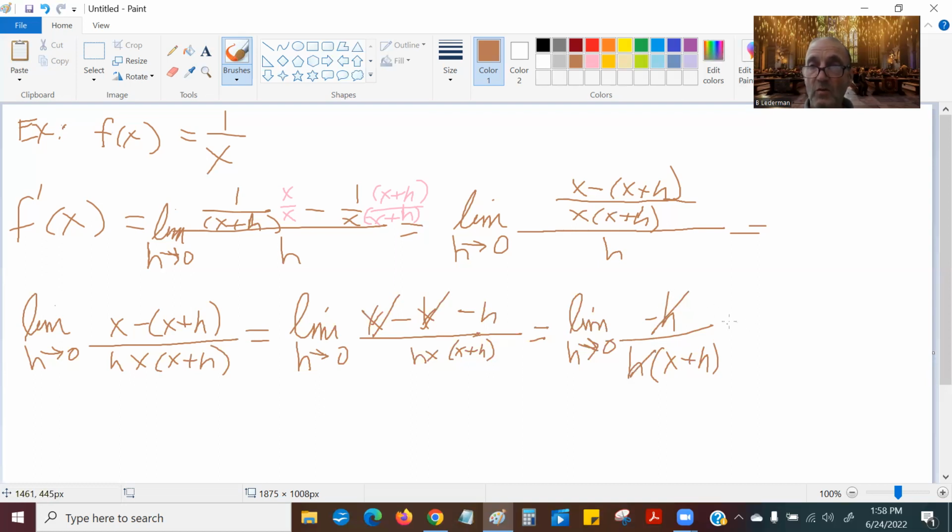So this is equal to the limit as h goes to 0 of negative 1 over x. Oh, I lost an x. I have to apologize. I lost an x. Just fix that before I go on.